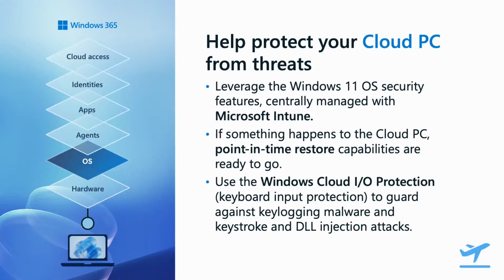Now, again, I mentioned the resiliency of Cloud PCs. Because they're in the cloud, there's many things that we as a service can provide for you and your users to feel that it's resilient and reliable, one of which is the point-in-time restore. So by default, the Windows 365 service will take incremental snapshots of users' Cloud PCs.